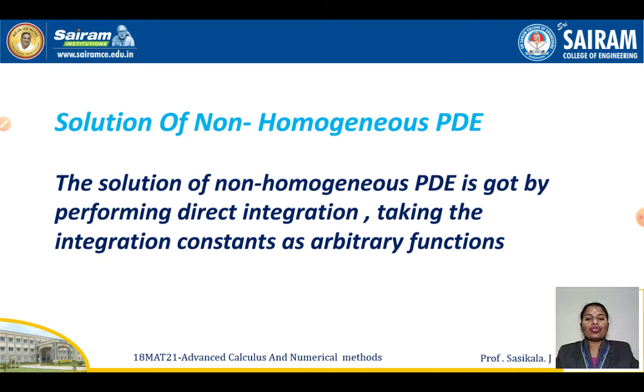The solution of a non-homogeneous PDE is obtained by performing direct integration, taking the integration constant as an arbitrary function. So when you solve a non-homogeneous PDE, the method we choose is direct integration. Suppose you are integrating with respect to x, the remaining variable you treat as a constant, and the constants are added as an arbitrary function.